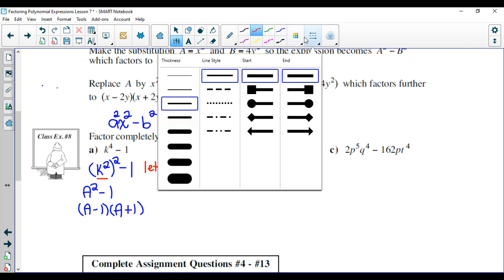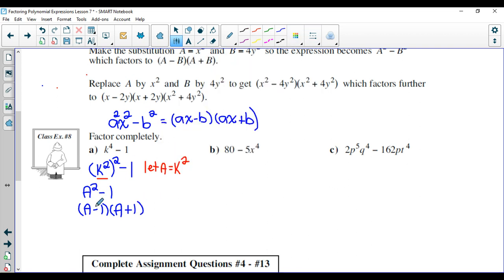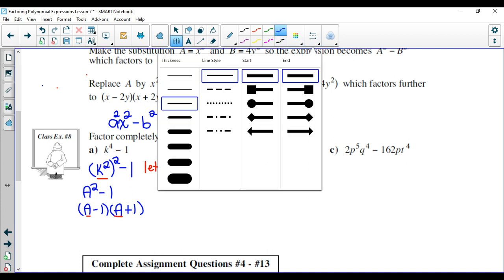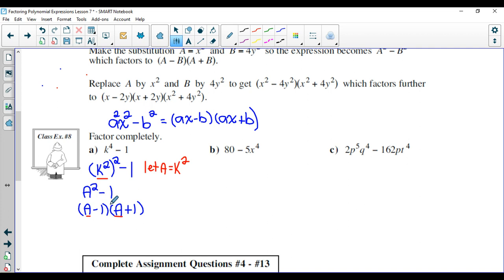But now that you've factored it, you have to replace the A with k squared. So this would turn into k squared minus 1 and then k squared plus 1.